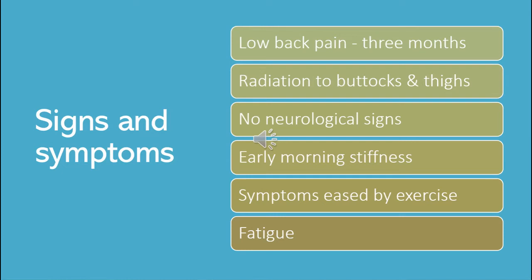Early morning stiffness is a real feature, and that's very typical of inflammatory disorders, in particular rheumatoid arthritis. One of the key diagnostic criteria for AS is that it's made much better with exercise. So people with AS will usually say, I can't sit still for too long, I feel much better when I move around. And also fatigue can be a major issue.